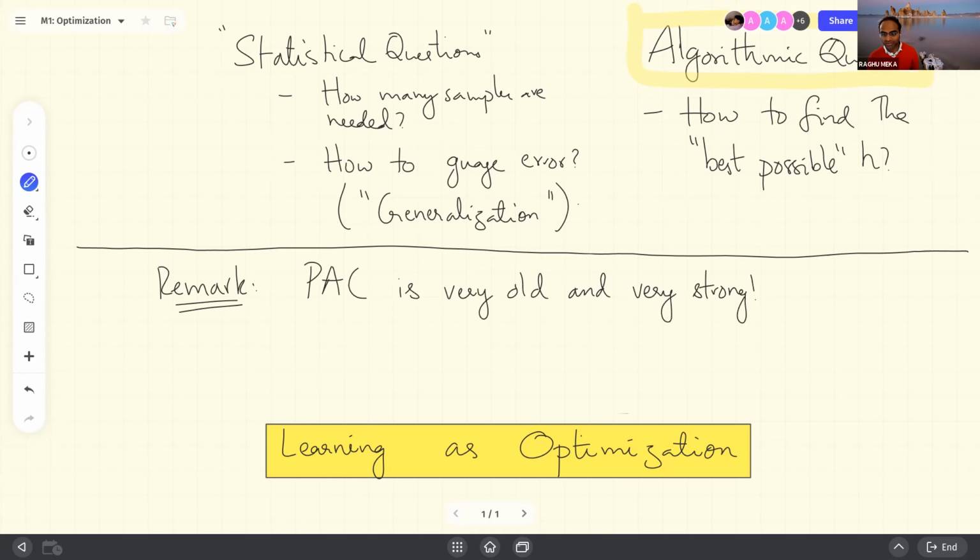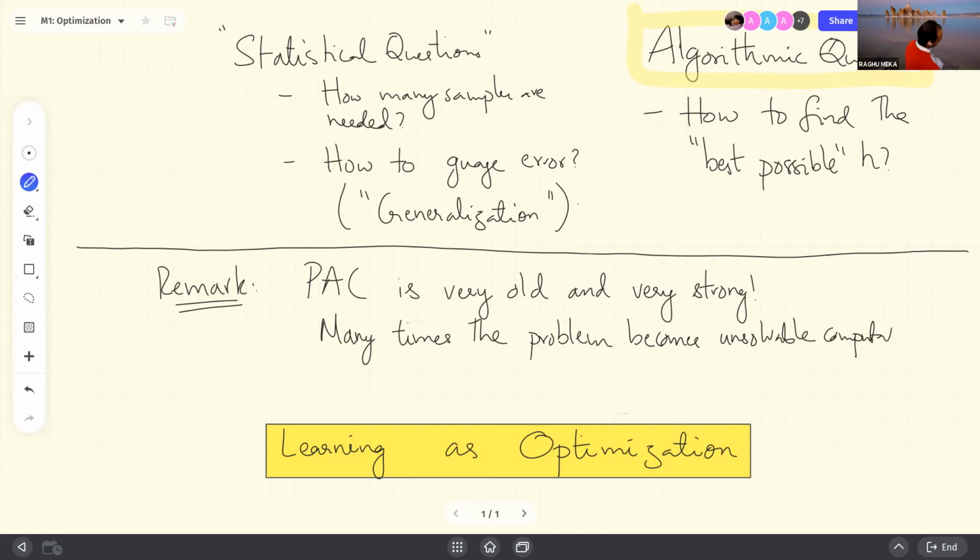As far as goals go, being able to do PAC learning is very strong because you're not assuming anything about the input distribution D. I'm saying, okay, no matter what the distribution D is, give me a learning algorithm. And it's very strong in the sense that many times the problem becomes unsolvable computationally, meaning it just becomes NP hard or something like that.